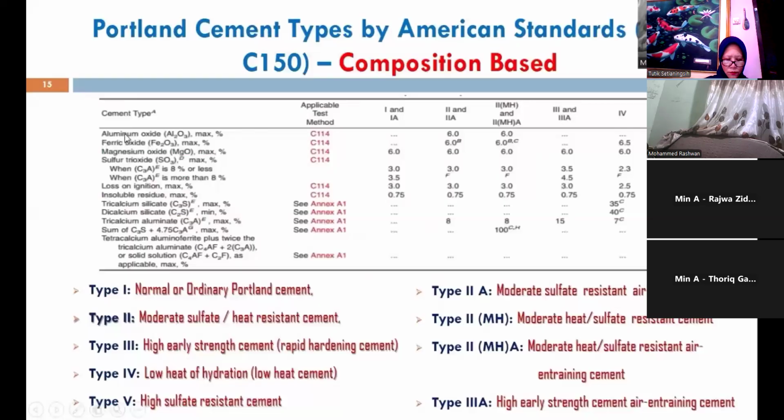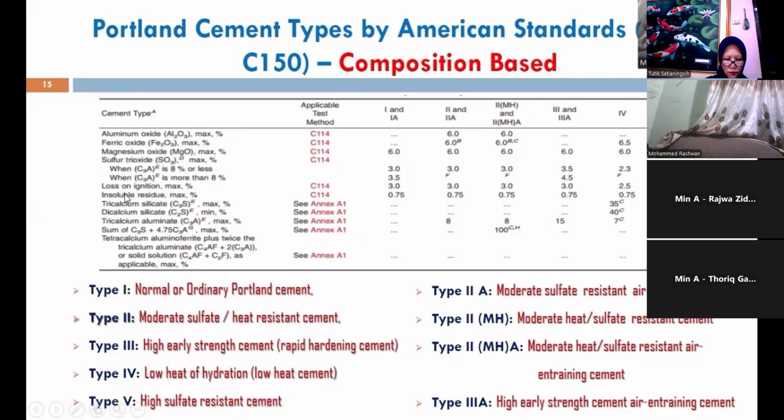The chemical composition here includes aluminum oxide, ferric oxide, magnesium oxide as a maximum, sulfur trioxide as a maximum, depending on whether C3A is 8% or less, or more than 8%. Also, loss on ignition and insoluble residue.